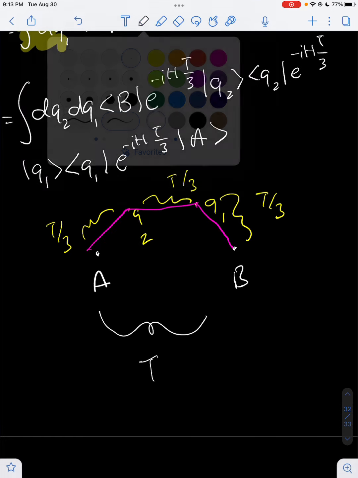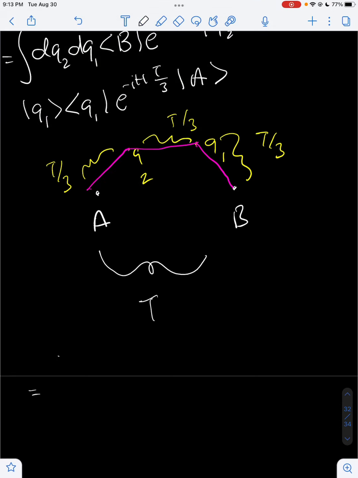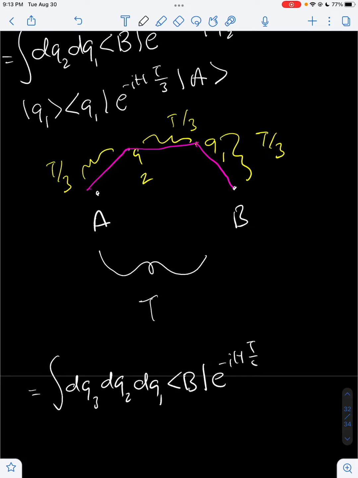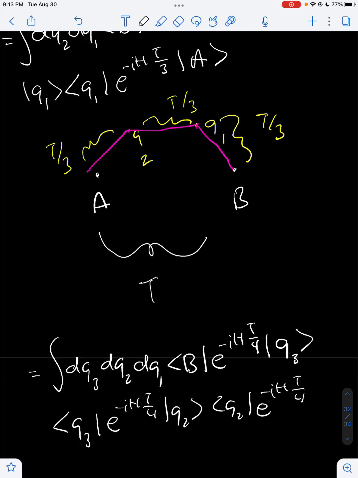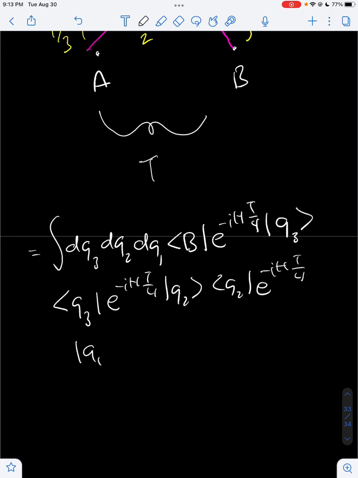Let's keep continuing. This is the same thing as the integral over dq3, dq2, dq1 of ⟨b| e to the minus i H t over 4 |q3⟩⟨q3| e to the minus i H t over 4 |q2⟩⟨q2| e to the minus i H t over 4 |q1⟩⟨q1| e to the minus i H t over 4 |a⟩.